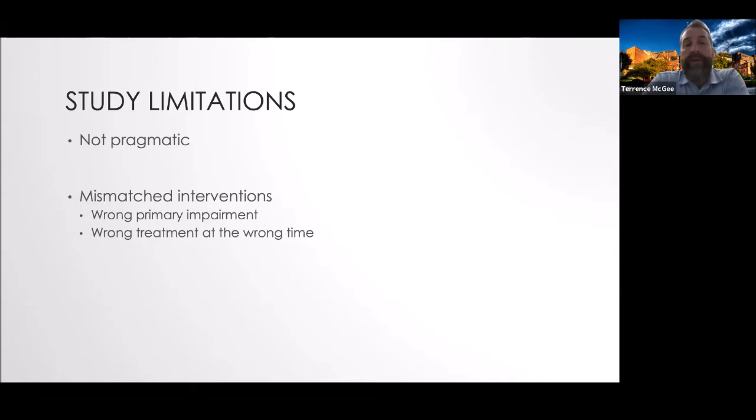So yeah, this idea of a mismatched intervention, the wrong primary impairment, in my opinion here, given the fact that they had maladaptive behaviors, they were fear avoidant, based on the Tampa Kinesiophobia Scale, although their FABQ didn't reflect it, that the Tampa score did, they provided the wrong treatments at the wrong time, and I'll get more into that.